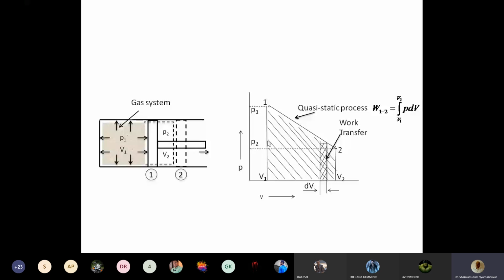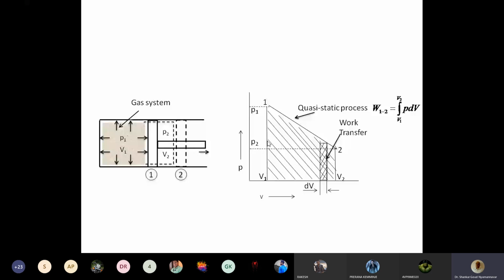Before substituting, if you want, you can simplify this. P2 square minus P1 square can be written as P2 plus P1 into P2 minus P1. That way it will be easy. This P2 minus P1 gets cancelled. Simplification for the final calculation will be easy.